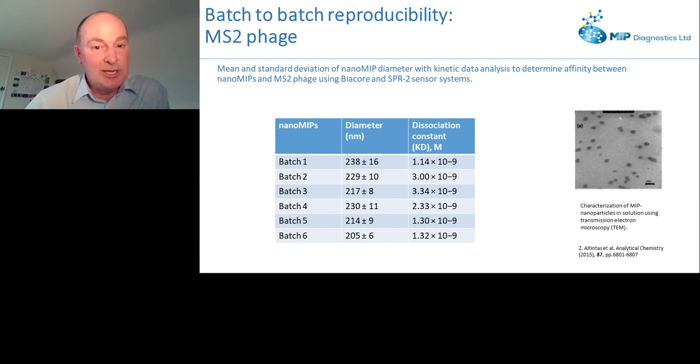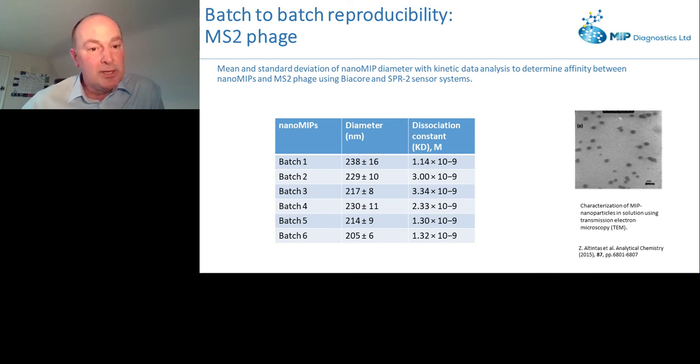How consistently can we do that? Well, we've been able to automate the process of making the NanoMIPs. We have a machine which can take out the human error involved in moving from batch to batch. The data on this slide shows 6 independently synthesized batches of NanoMIPs against the same target, in this case, MS2 bacteriophage, which is a surrogate for viruses.